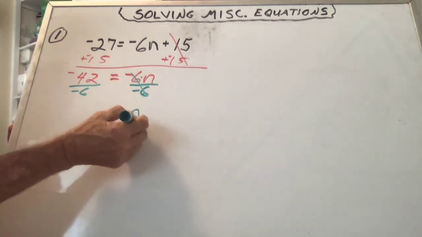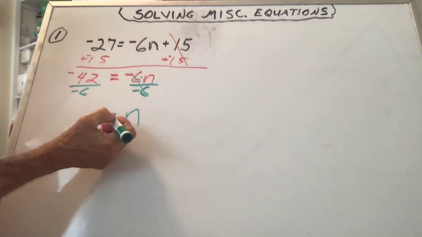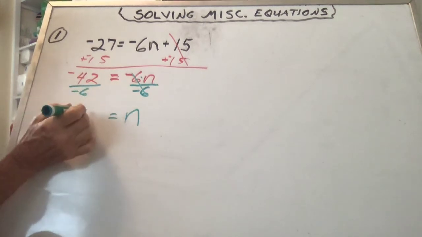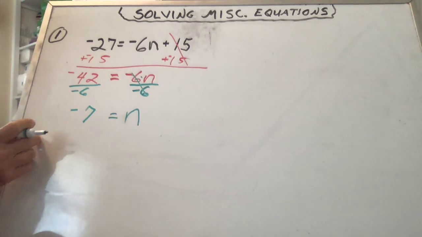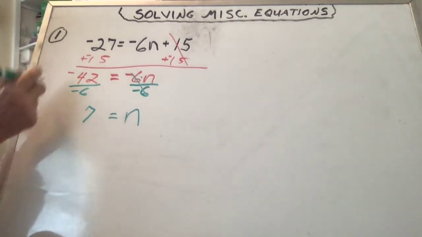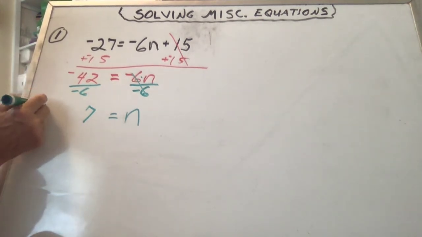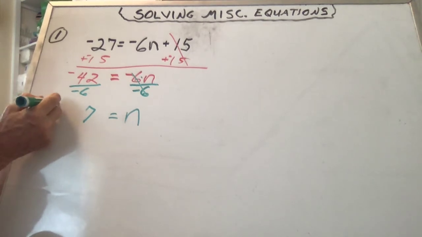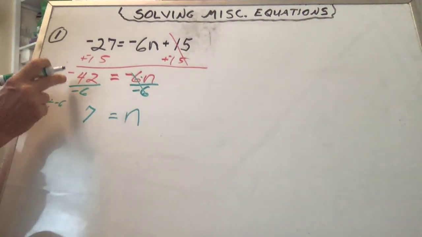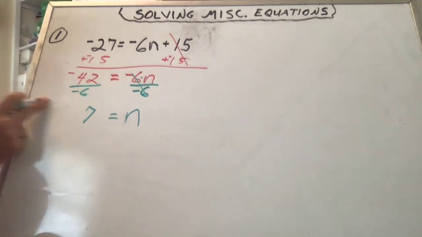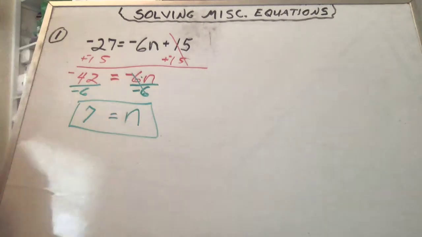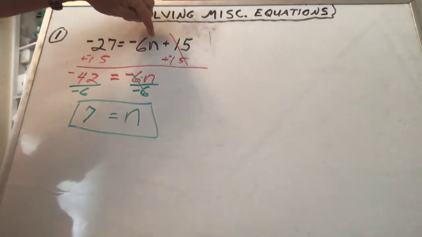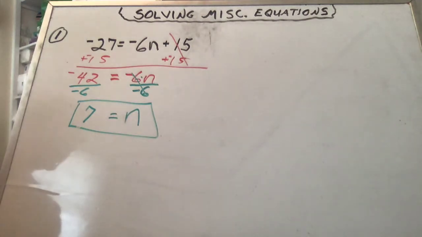That's what I want. So I got my 1 n. 42 divided by 6 is 7. Really common for people to put that, but that is incorrect. This means negative 42 divided by negative 6, so that's a negative divided by a negative. So the answer to this equation, the solution, is n equals 7. You can always check by plugging that back in here and seeing if it works, and it will.